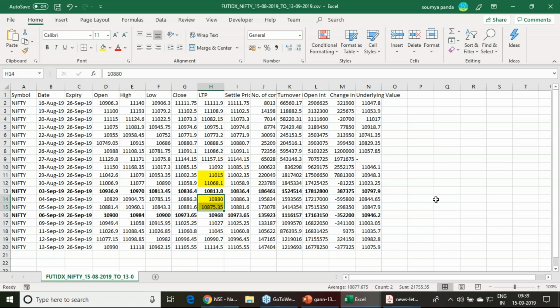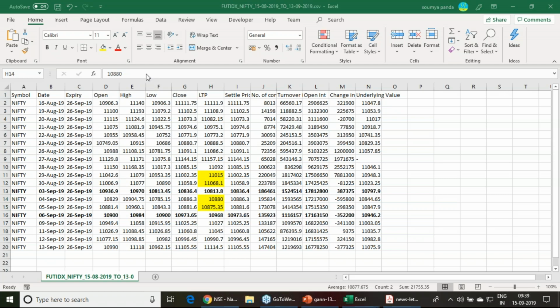Comparing 29th August and 30th, there was a positive closing. On 3rd September there was a negative. On 4th and 5th September there was a flat negative to flat closing. However, on 6th September you have seen a positive opening and positive closing.